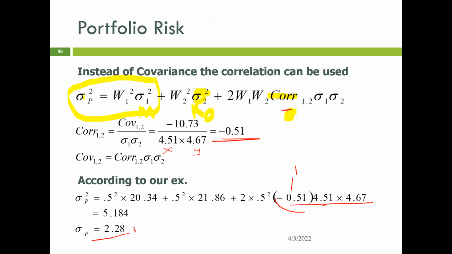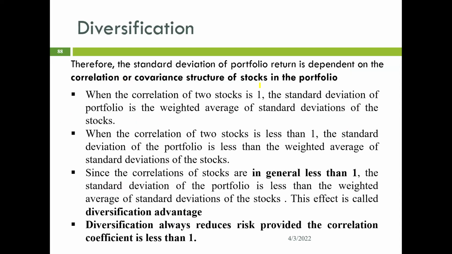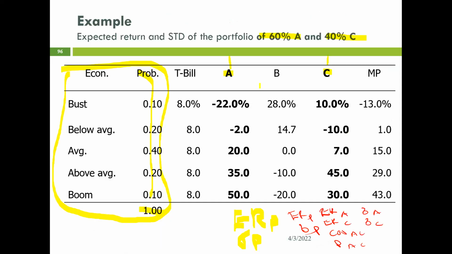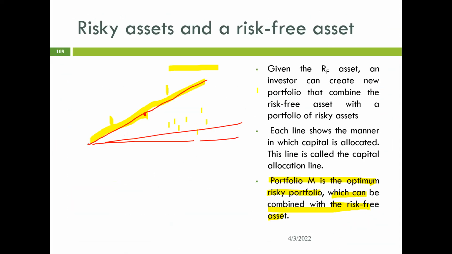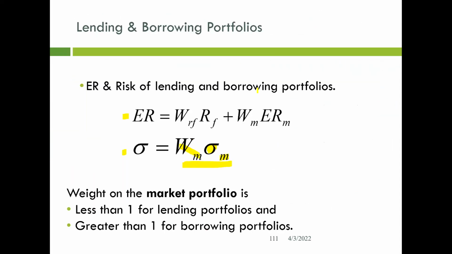the risk of the lending or borrowing portfolio is the optimal risky portfolio's risk multiplied by its weight. So you can calculate the risk of the lending or borrowing portfolio simply using this formula.